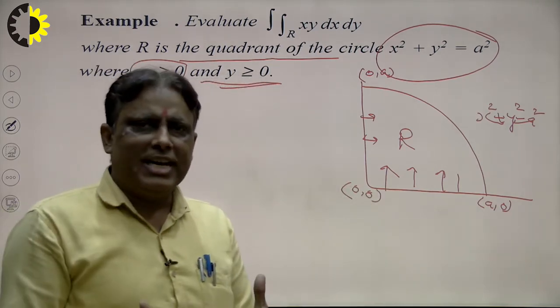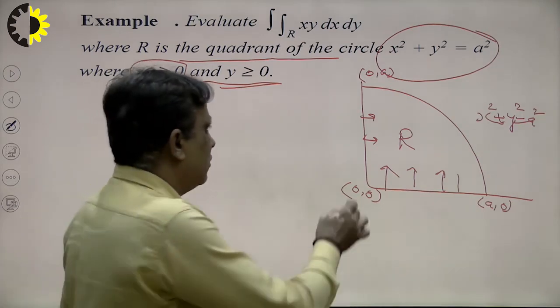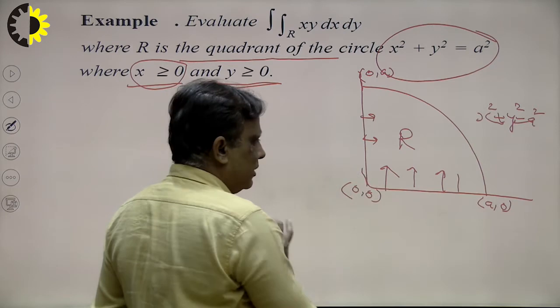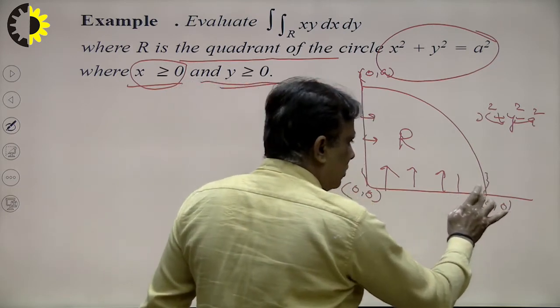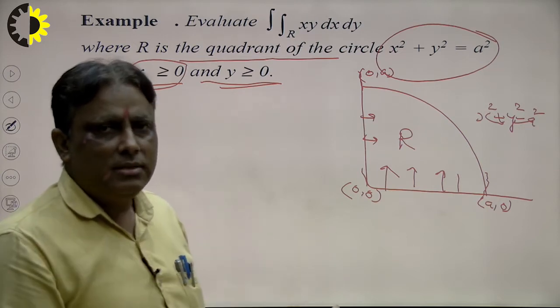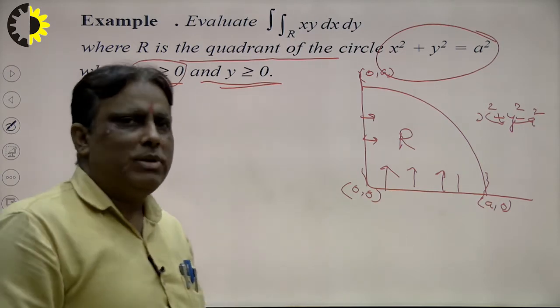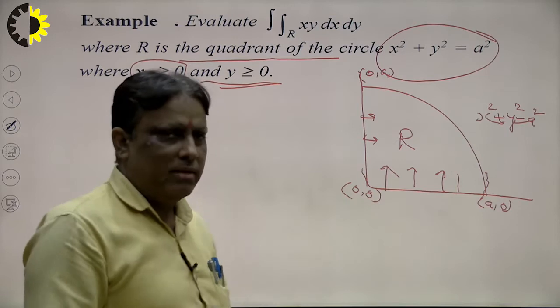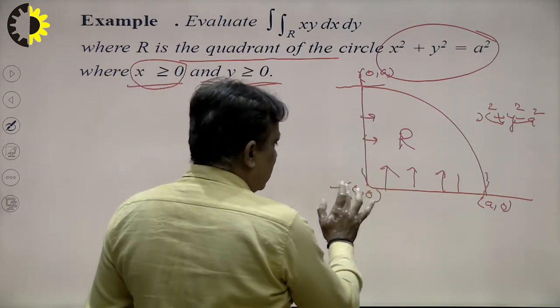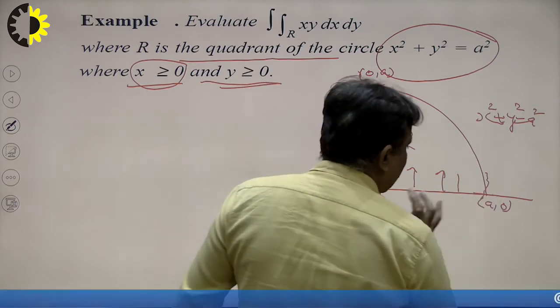Suppose any student takes the limit of y first. So first of all I draw the parallel line, this is passing through the boundary, this is passing through the boundary, and this is passing through the outside. That means the region is not divided when we take the limit of y. Suppose any student can say, sir, we take the limit of x. Very nice. How to take the limit? So we draw the line, this is outside, this is passing through the boundary, and this is passing through the boundary.